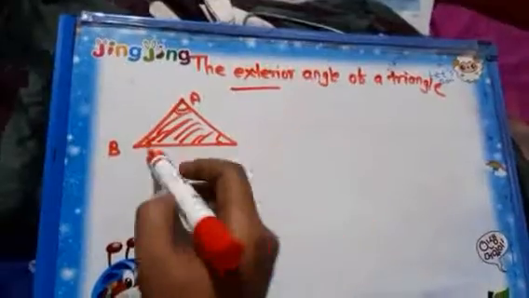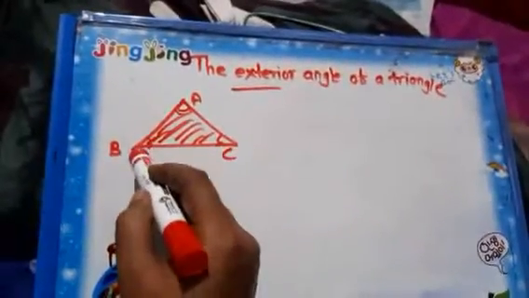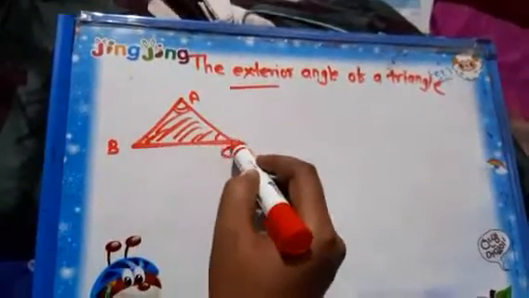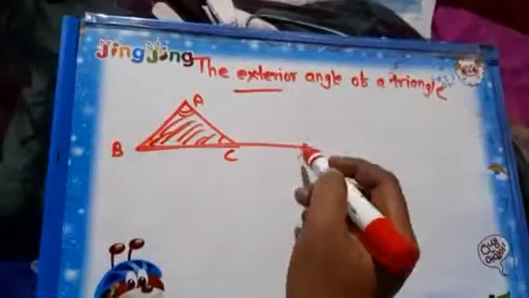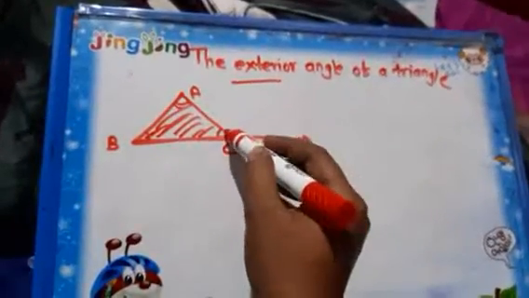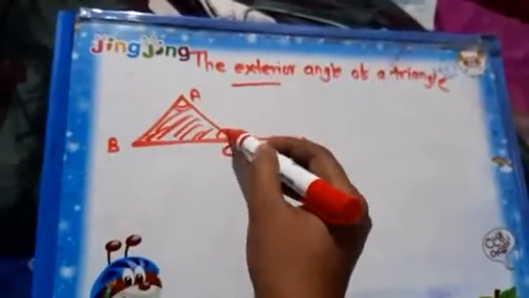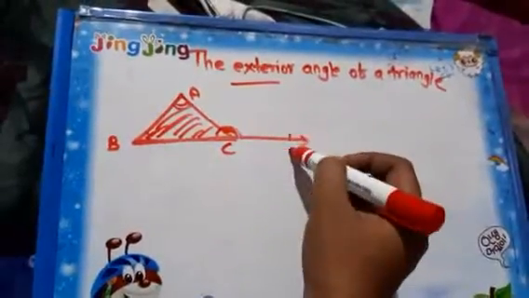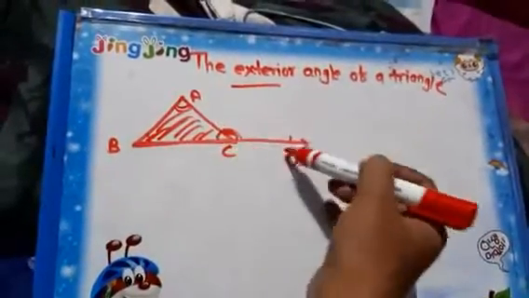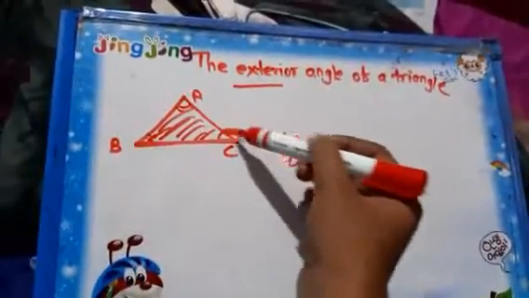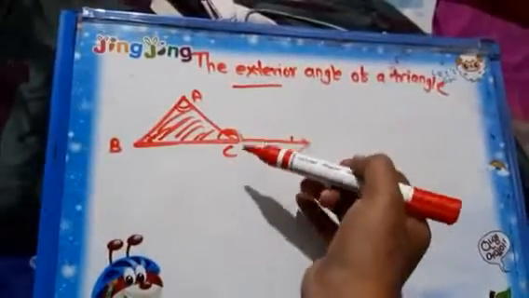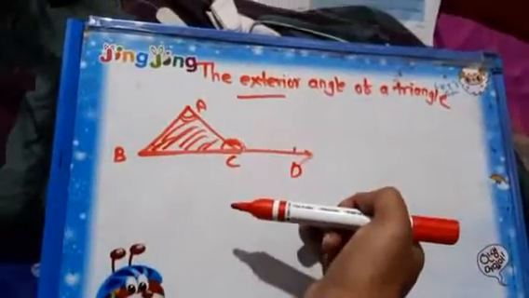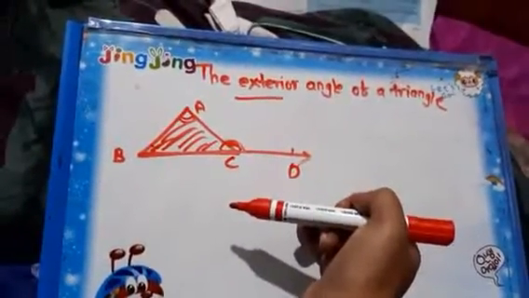Suppose side BC of this triangle I will extend like this, then it is forming a new angle here, ACD. Suppose I give the name D here. This new angle is formed which is at the outside of the triangle. So this is called exterior angle of the triangle.